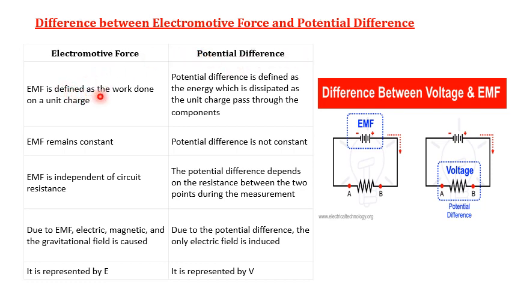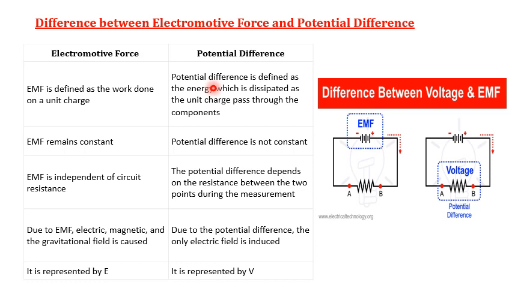EMF is defined as the work done on a unit charge, that is, work done by bringing a unit positive charge from some point to another point. Potential difference is nothing but the difference in potential between two points.